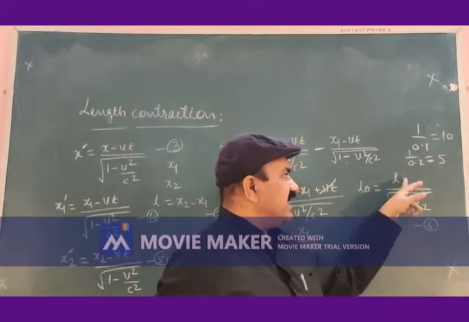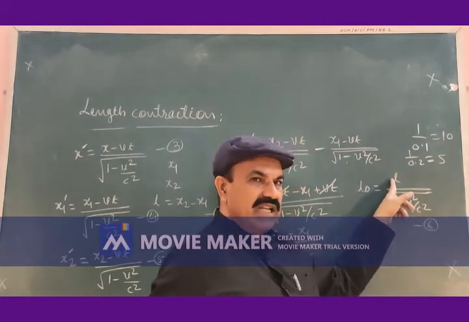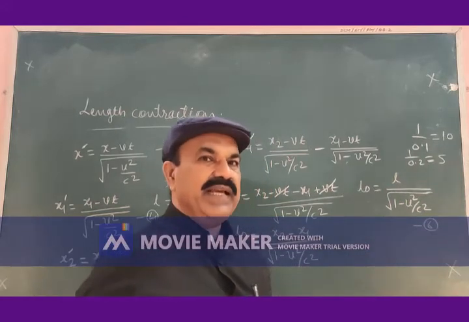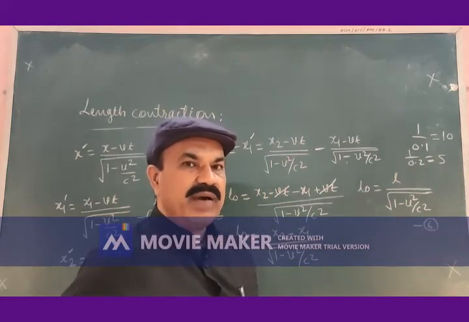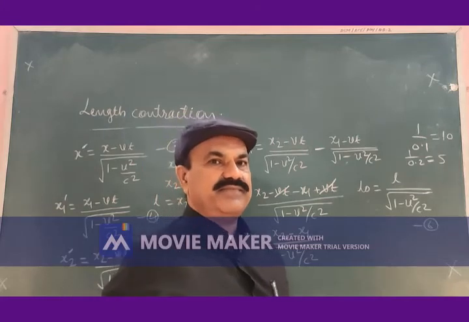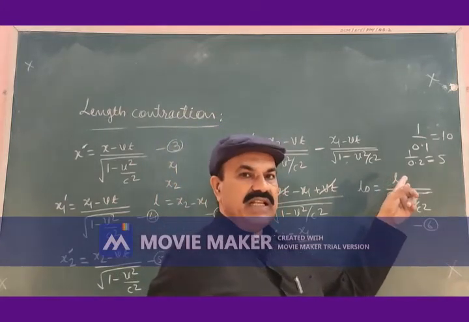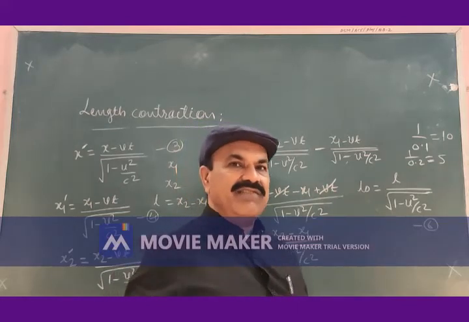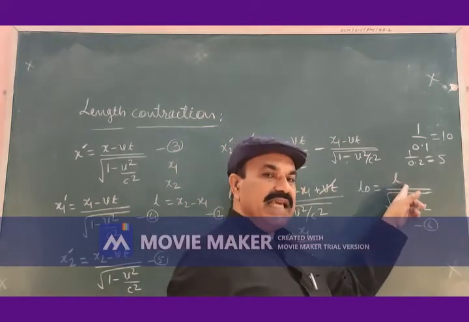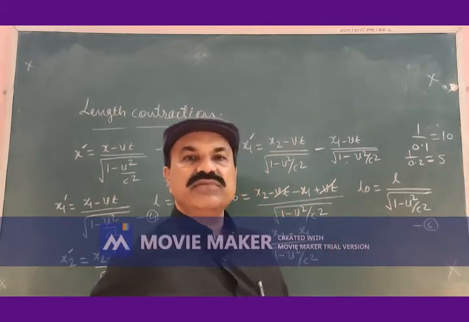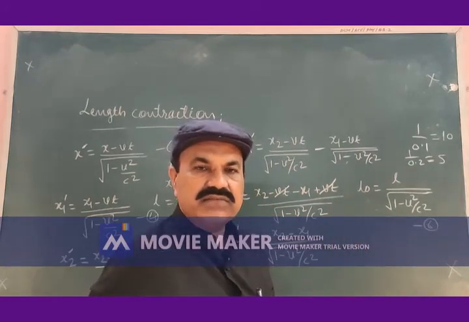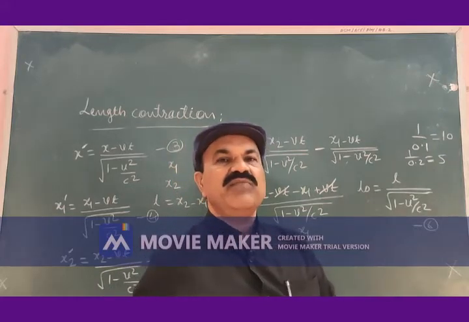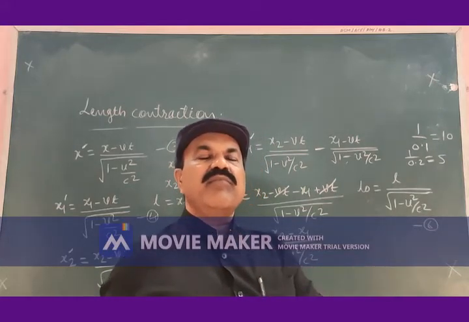It means that when this L is multiplied by a number greater than 1, it becomes equal to L0. Dividing by a fraction is nothing but multiplying by a number more than 1.